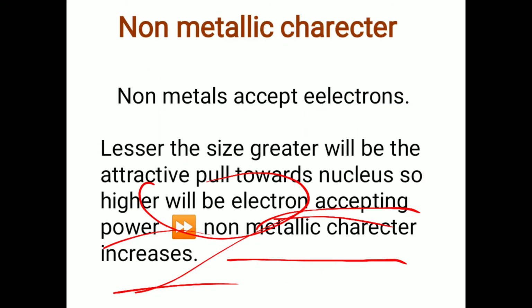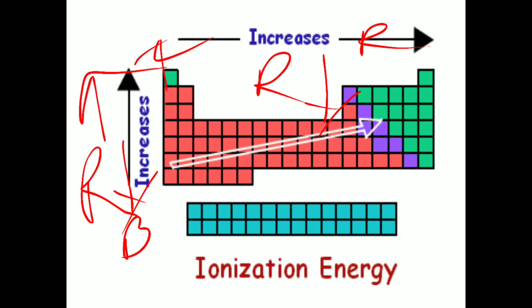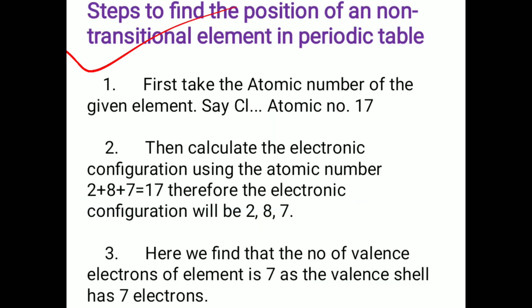This topic can be done by this trick only. By remembering the periodic table up to atomic number 20, you can mark the position of each and every element this way. So it is a trick.